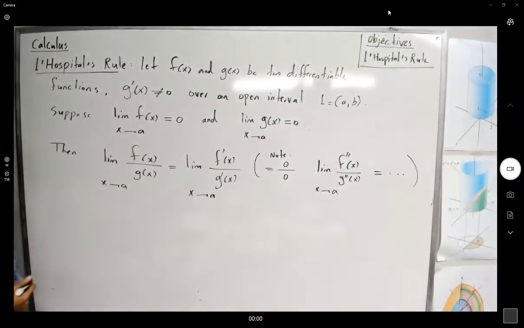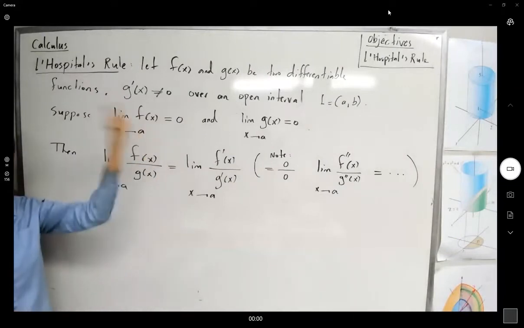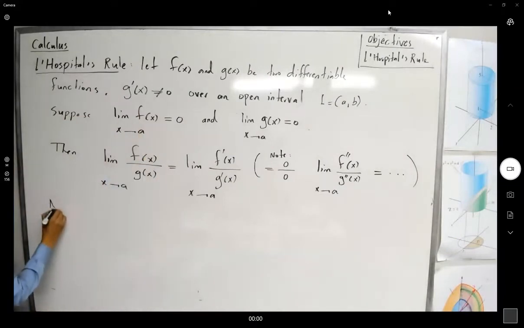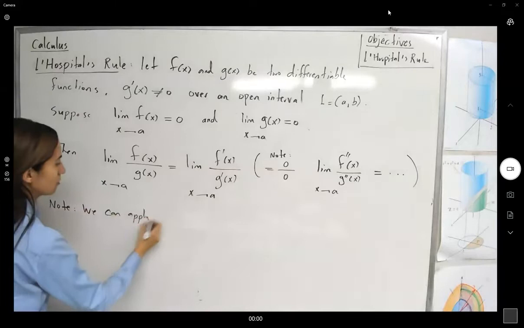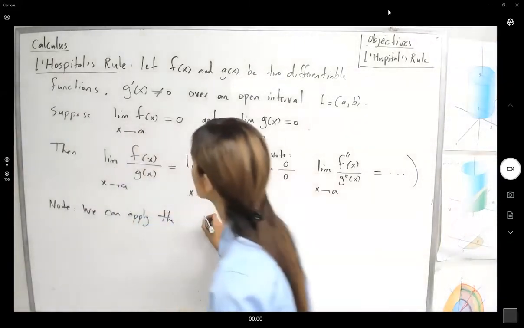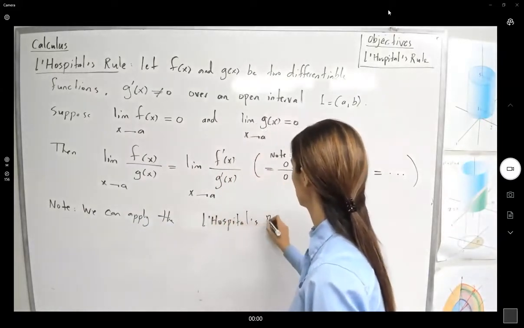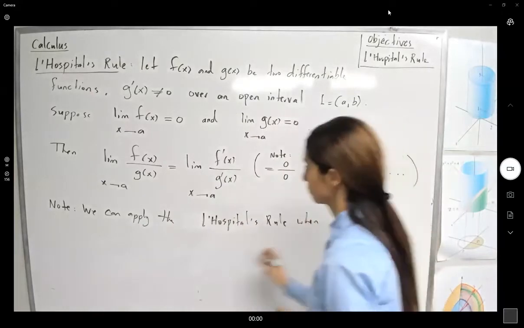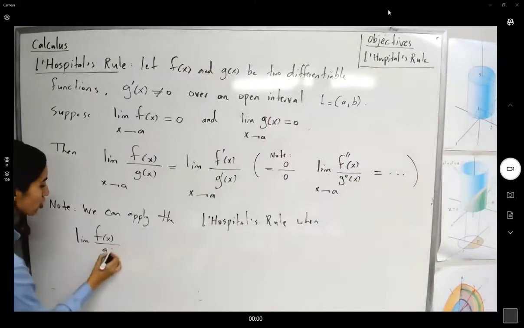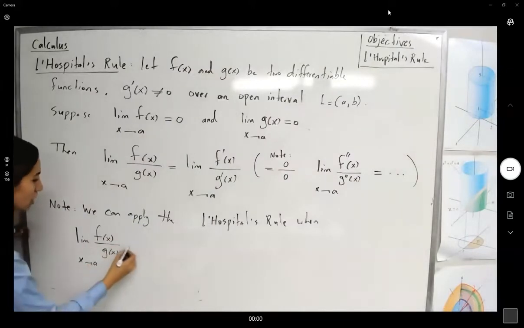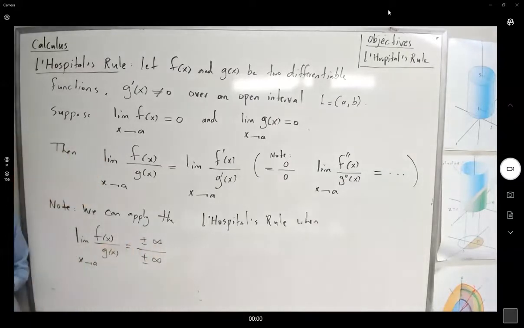Well, we have another case if it's 0 over 0, or if it's infinity over infinity. Note that we can apply the L'Hopital's rule when the limit of f of x over g of x as x approaches a is equal to positive or negative infinity over positive or negative infinity as well.